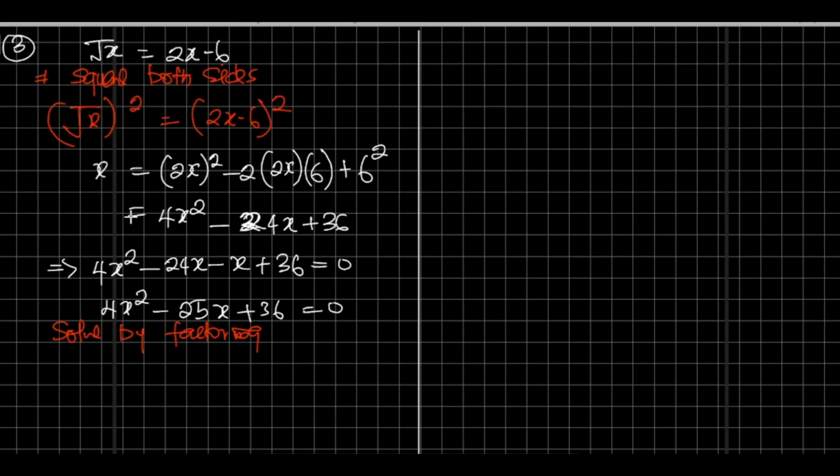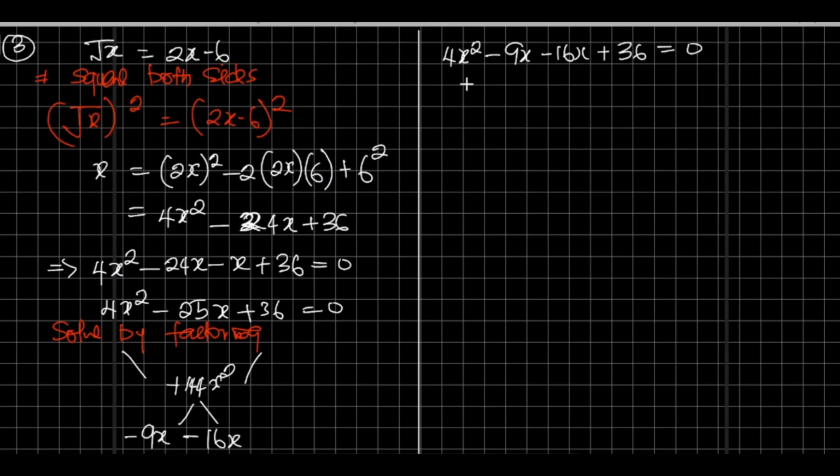So solving this equation by factoring, we multiply 4 and 36. We have plus 144x squared. Two numbers we can multiply together are minus 9x and minus 16x. So if we replace those terms, we have 4x squared minus 9x minus 16x plus 36 equals 0.